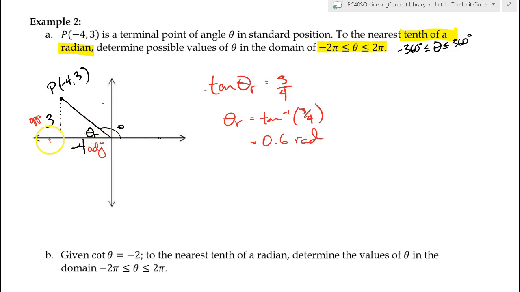So remembering that my actual angle is measuring from my x-axis. So here is pi. We're going to be measuring backwards from pi. So my actual theta is going to be pi minus 0.6 for quadrant 2.